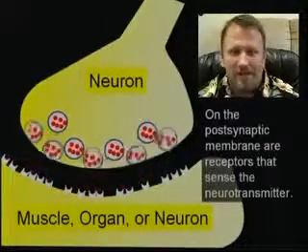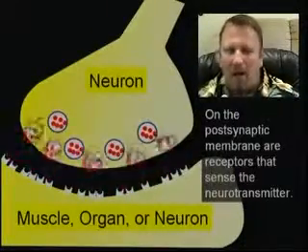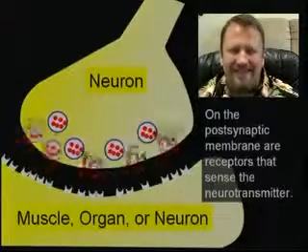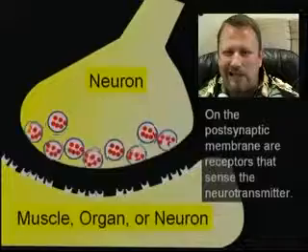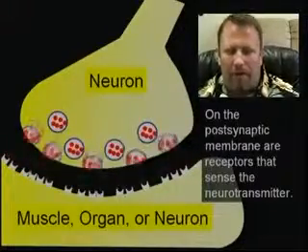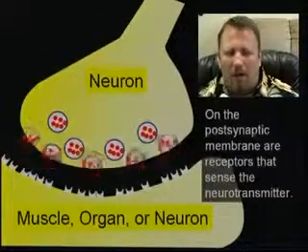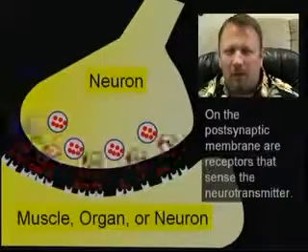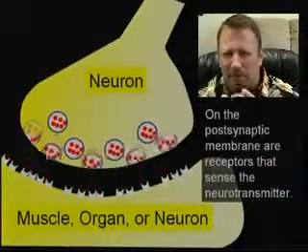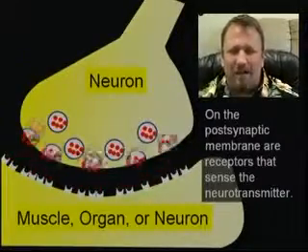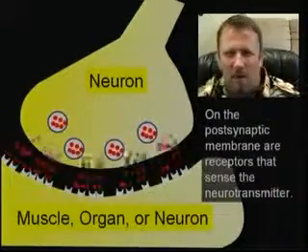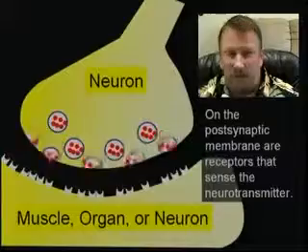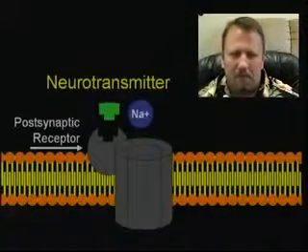On the postsynaptic side of the membrane are receptors that sense the neurotransmitter, and they look like little white teeth, at least on this cartoon. Receptors on the muscle, receptors on the organ, receptors on a neuron are going to sense this neurotransmitter and pass the signal from the neuron onto whatever is receiving that signal.